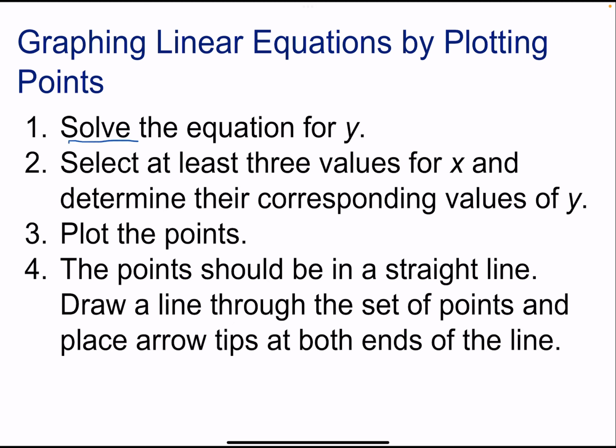Typically, for convenience, you want to solve the equation for y. Once you have the equation for y, all you need is to take arbitrarily 3 values of x, find their corresponding y values, plot the 3 points, and connect them with a line. That would be the graph of the linear equation.